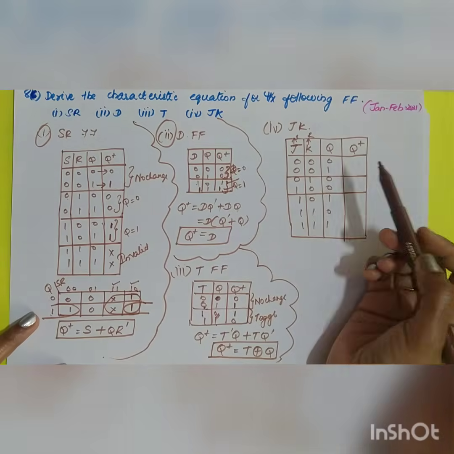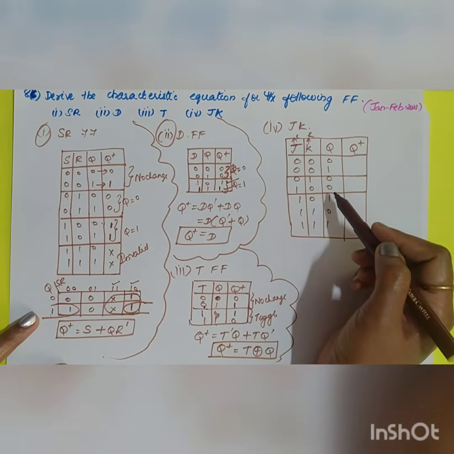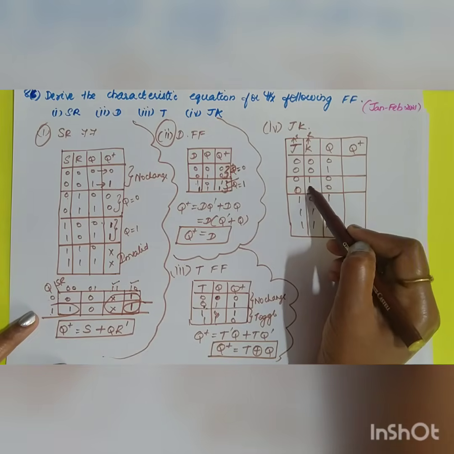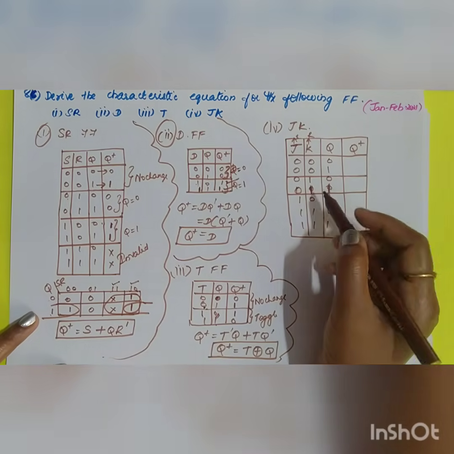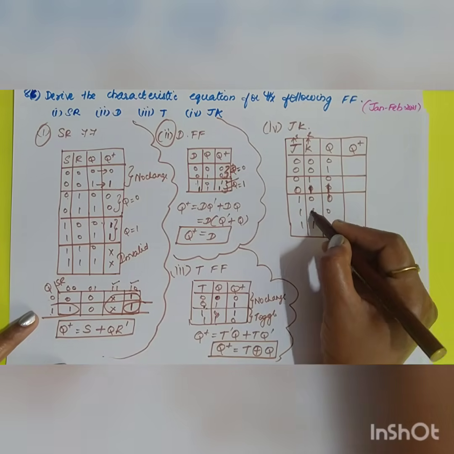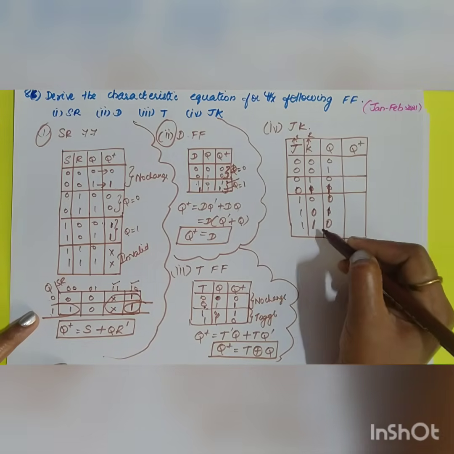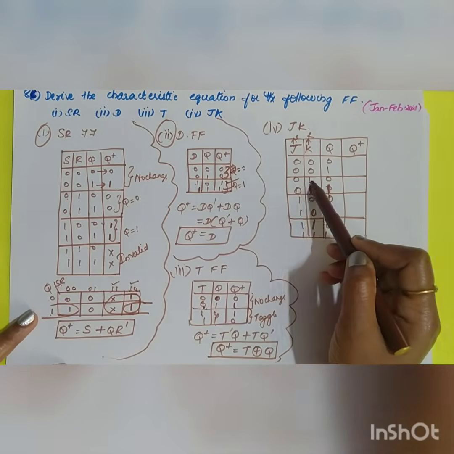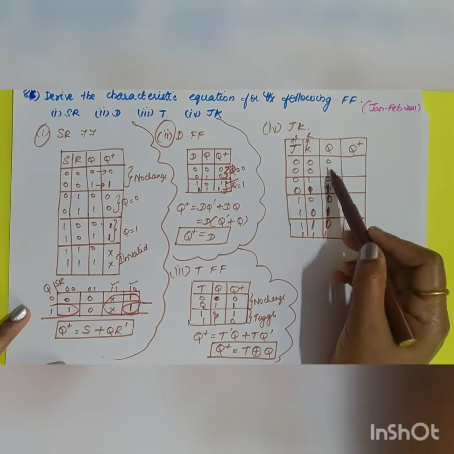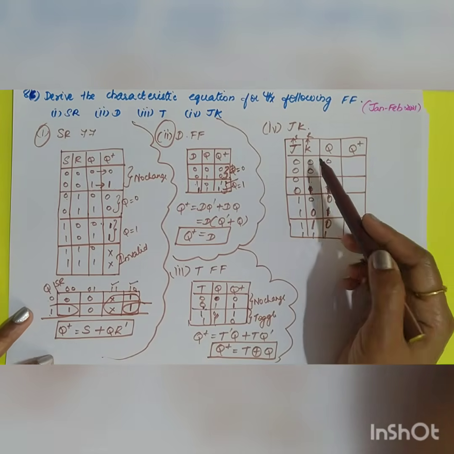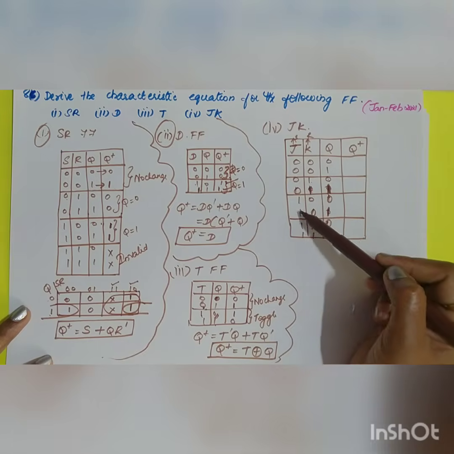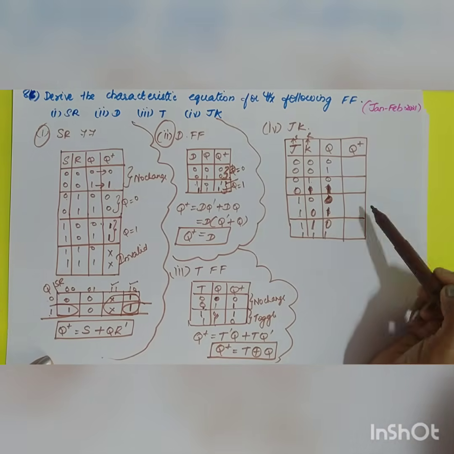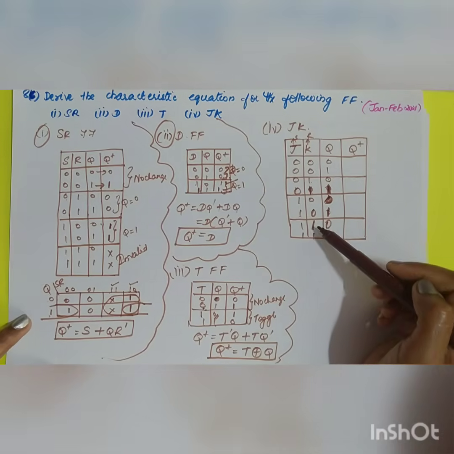Similarly, when J K is 0 1, you have two options. Q can be 0 or 1. Similarly, when J and K is equal to 1 0, you have two options. Either Q can be 0 or 1. Similarly, it applies for JK equal to 1 1.